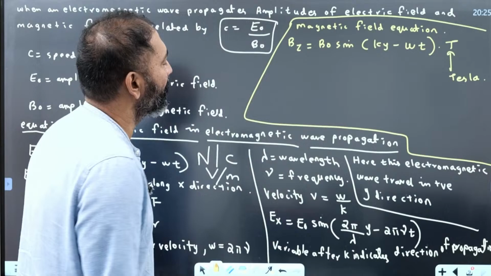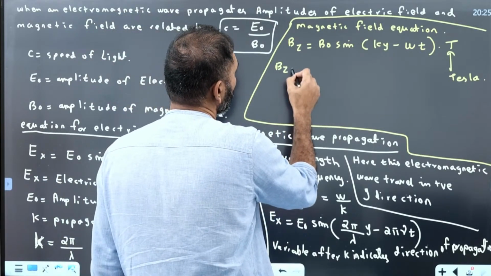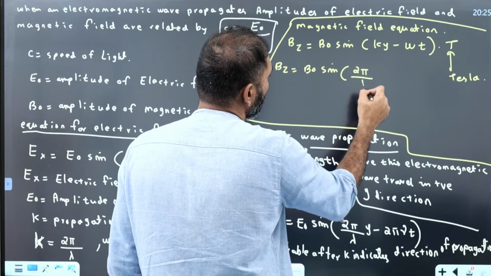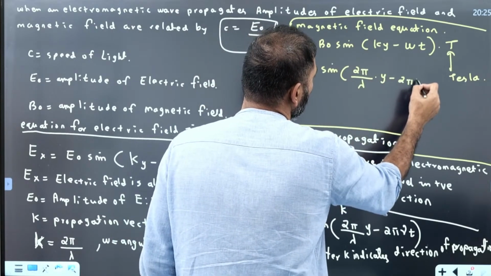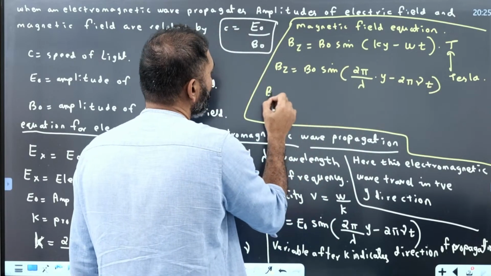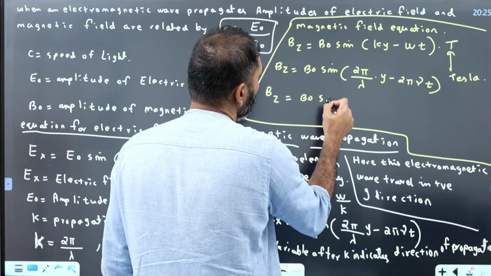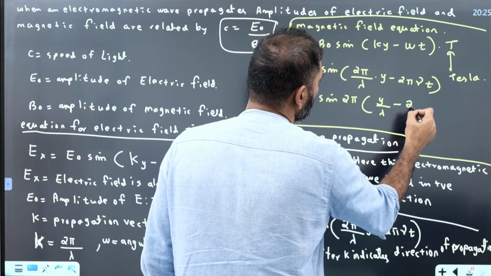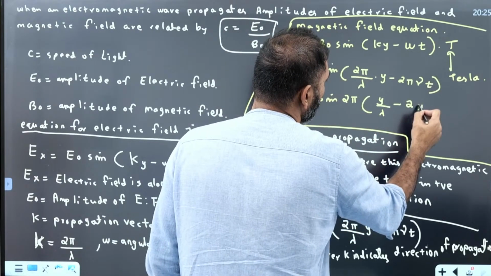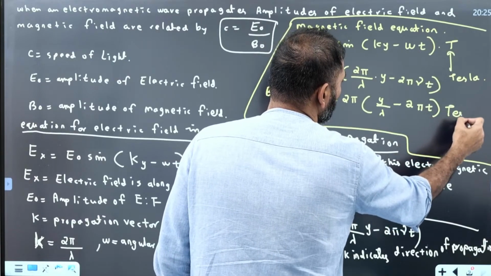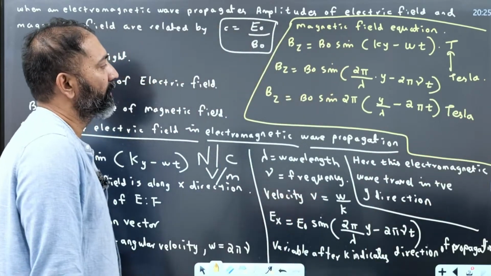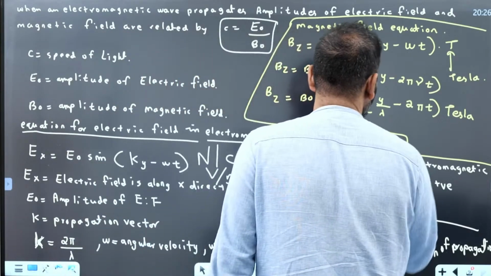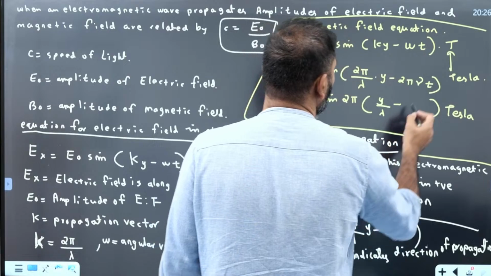So Bz is equal to B0 sin, instead of K, I can write 2 pi by lambda into Y minus 2 pi nu into T. If you take 2 pi outside, Y by lambda minus T. The unit is Tesla. Sorry, 2 pi is taken outside.